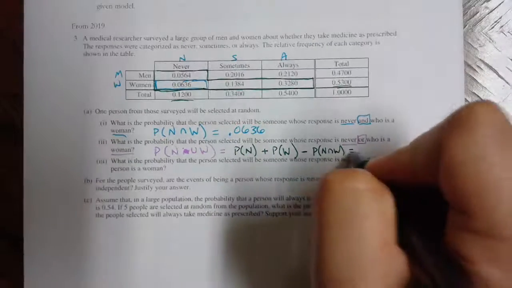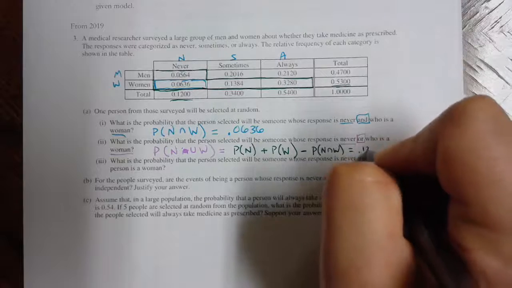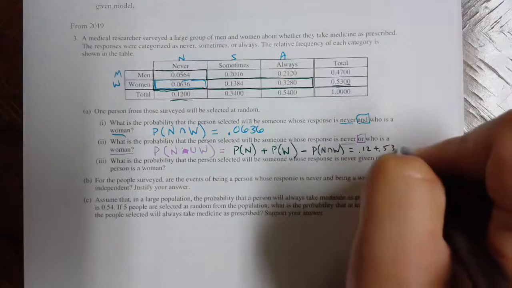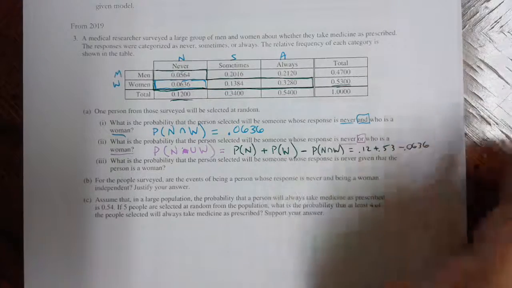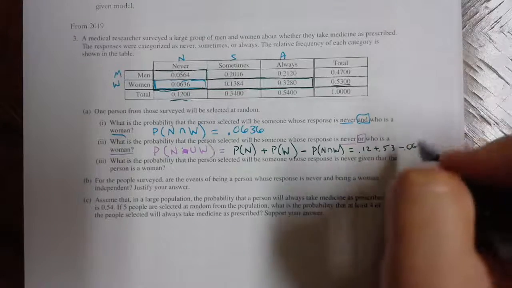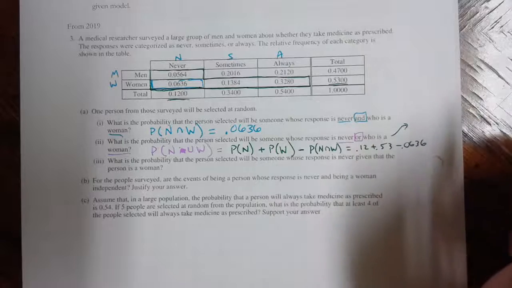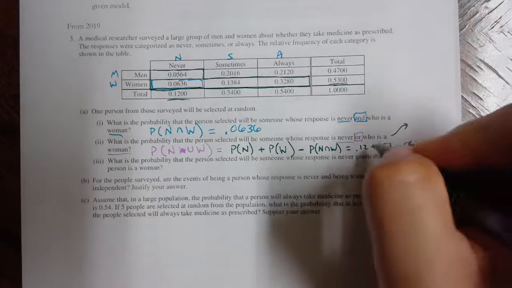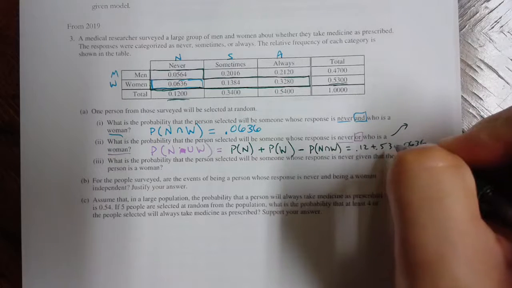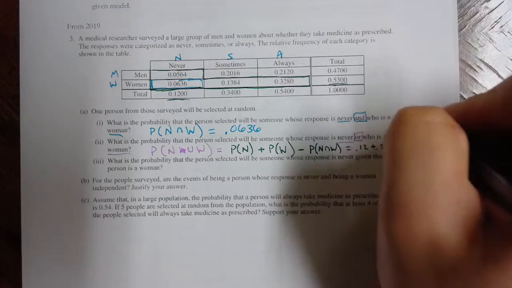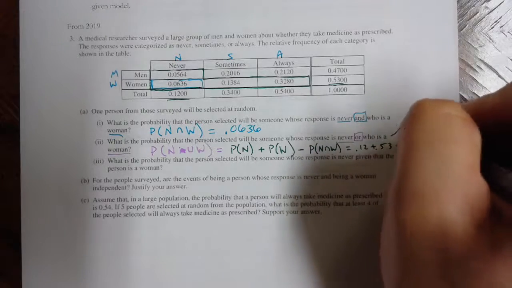So this calculation is 0.12 plus 0.53 minus 0.0636, and you can type that in, and you'll find that the probability of someone who never takes their medicine and/or is a woman is 0.5864.